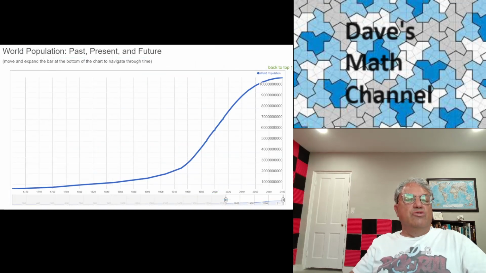Now let's look at a little more recent graph of world population, and see that it's not as big a problem as it looked like from the first graph. This shows a little bit more of recent history. I think this graph starts out around 1700, and you can see it was growing very fast from 1700 to about maybe 1950, 1960.